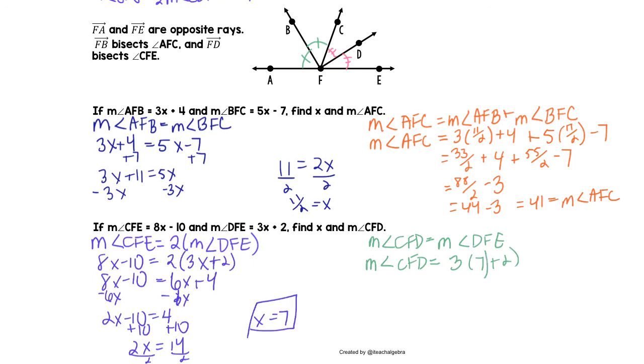So that's 21 plus 2. So the measure of angle CFD is 23.